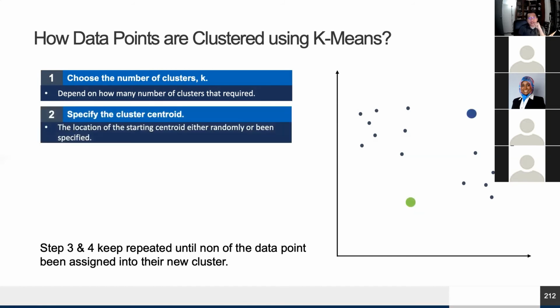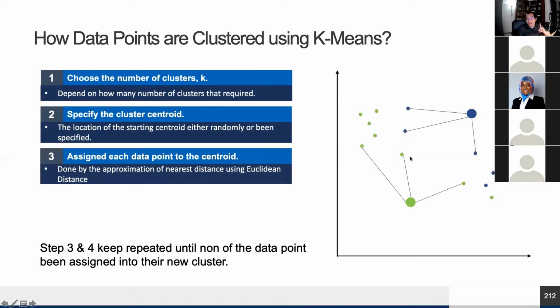In this case you cannot define it properly yet, so the model has to suggest the location of the centroids initially. This is the initial location of the centroids, and it will be determined randomly. Then the second step is that it will try to capture the data points nearest to that centroid.